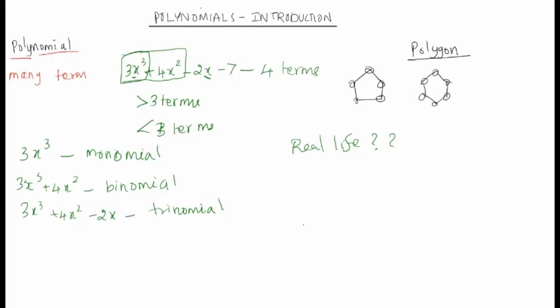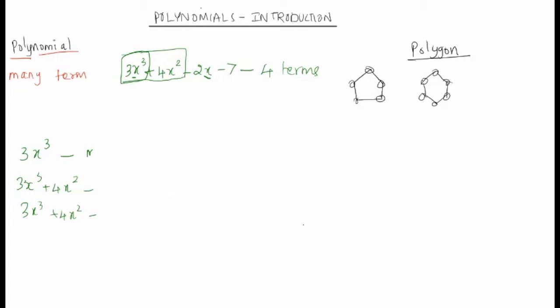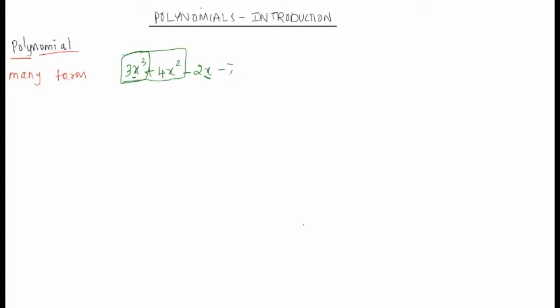Now let us see what are the real components of the polynomial. For that, again we are going to take the same example, 3x cube plus 4x square minus 2x minus 7. The letters we can see over here are x.